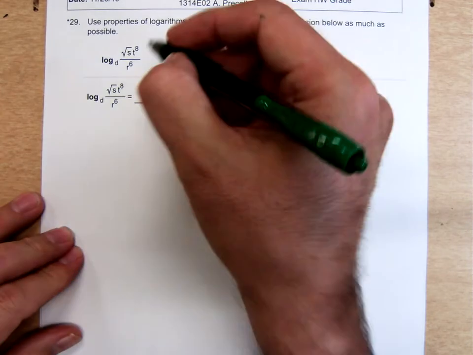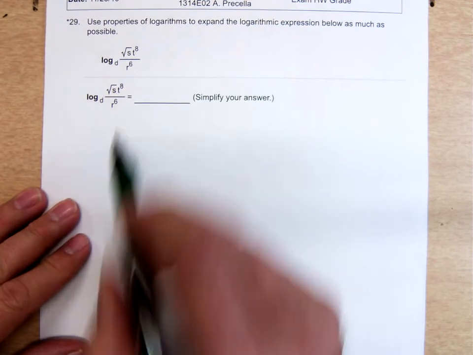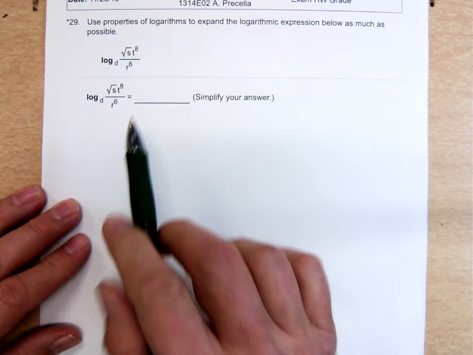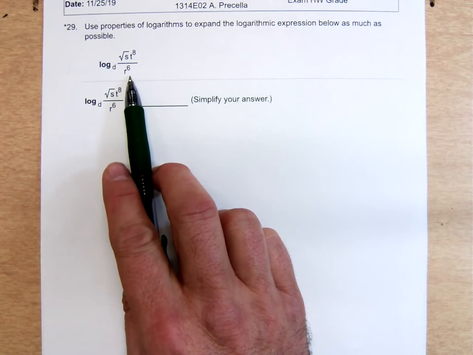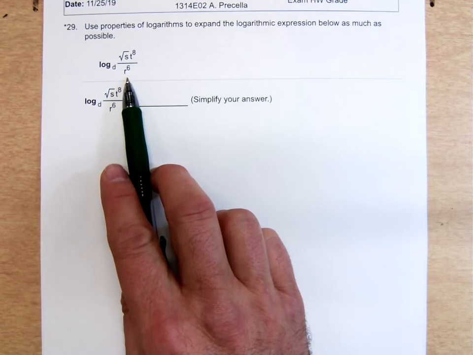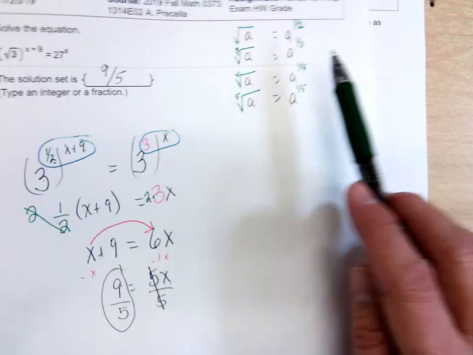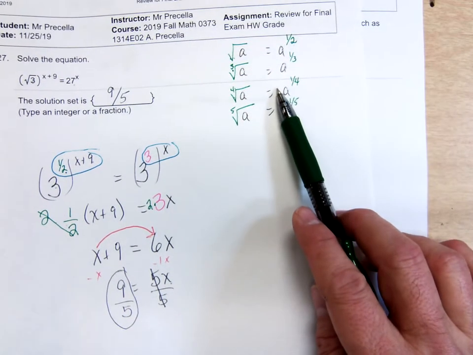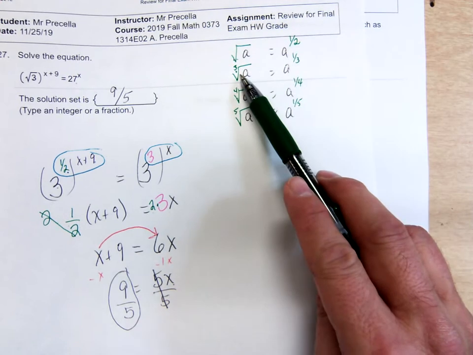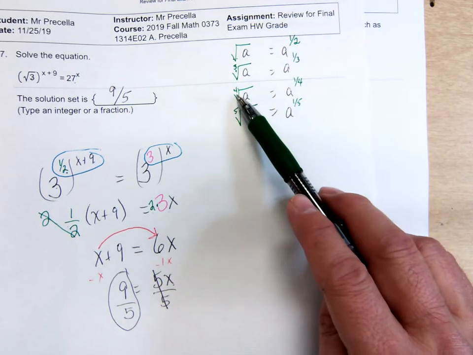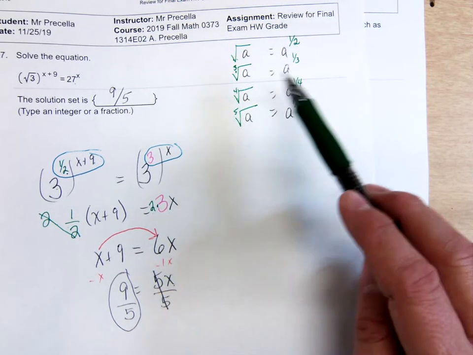In order to expand logarithms, if you have any of these radical signs, a square root or a cube root, you need to rewrite them with fractional exponents, like I did here. A square root is a 1/2 exponent. A cube root, a 1/3, a 4th root, a 1/4, dot, dot, dot, it goes on and on.